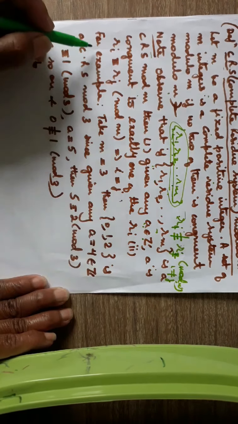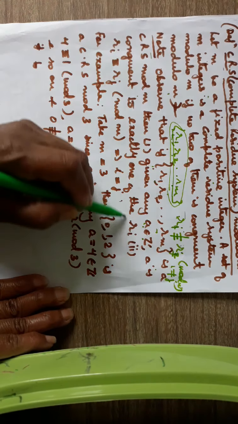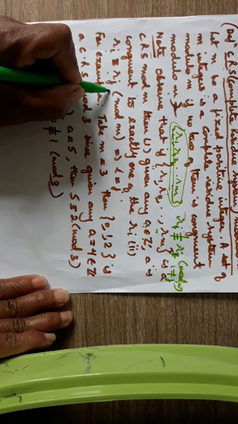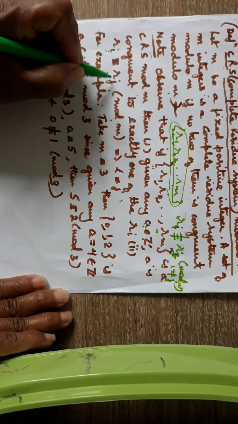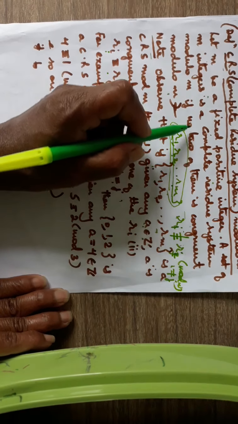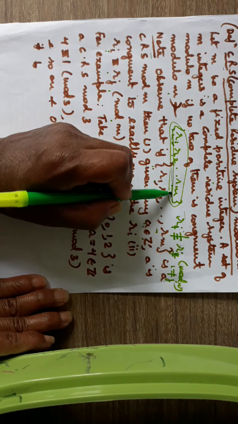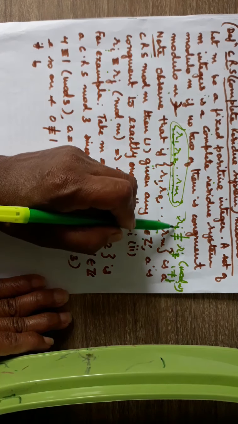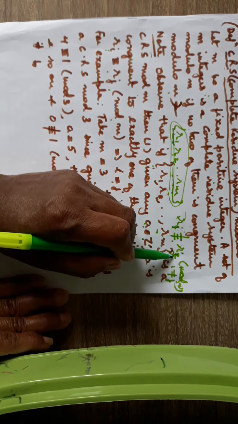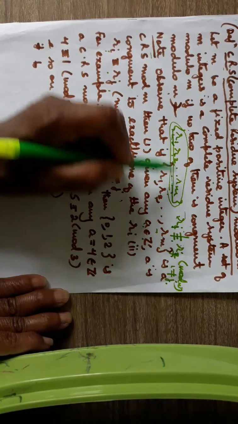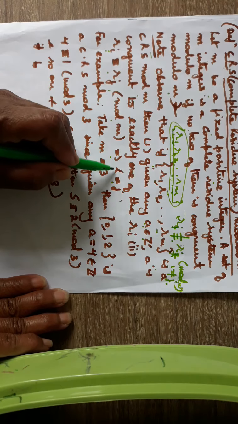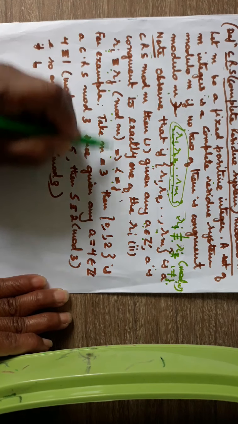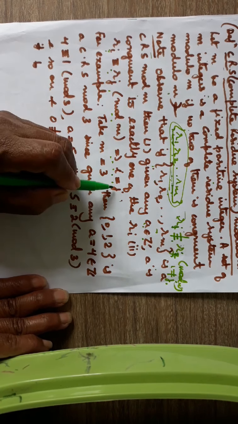And number 2 is that if Ri is congruent to Rj mod m, it implies that i will be equal to j, because according to the definition, no two of them will be congruent to each other, meaning Ri is not congruent to Rj mod m for i different from j. So if two of them are congruent, that is Ri is congruent to Rj mod m, it implies that i is equal to j.